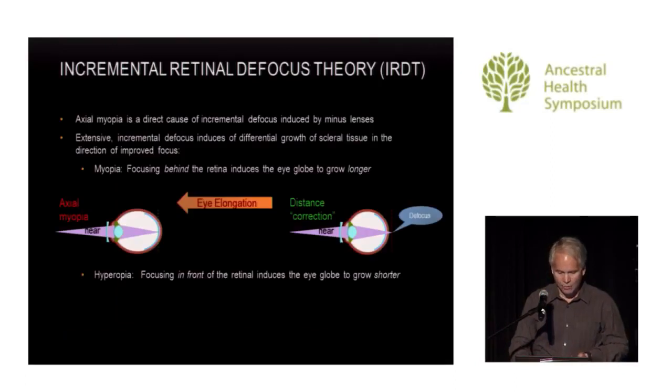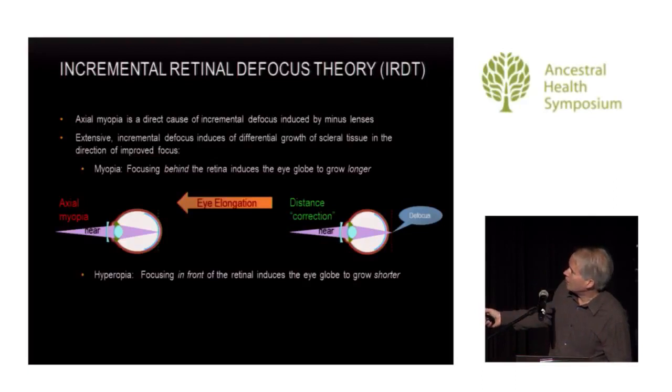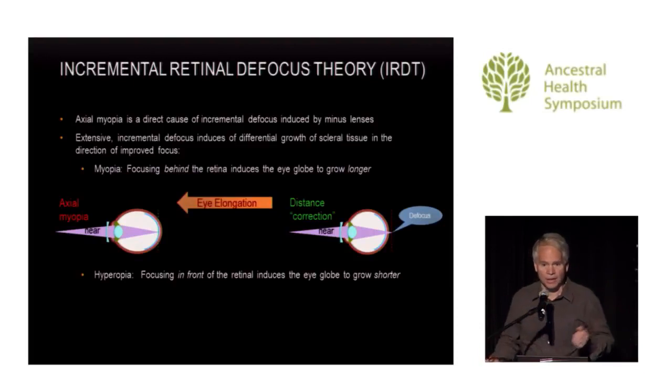So what's actually happening is that when you're fitting the eye with this lens and you're focusing behind the retina, there's a process by which there's a growth of scleral tissue. And the scleral tissue grows in response to some neuromodulators that are secreted when there's a defocus.